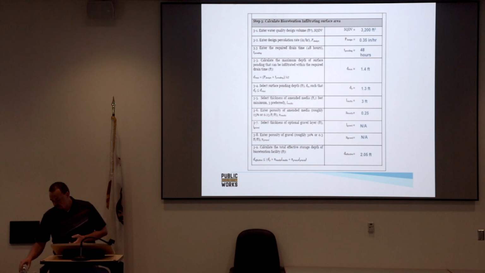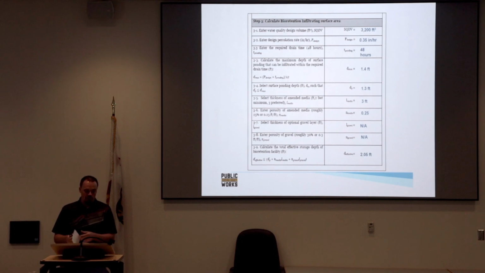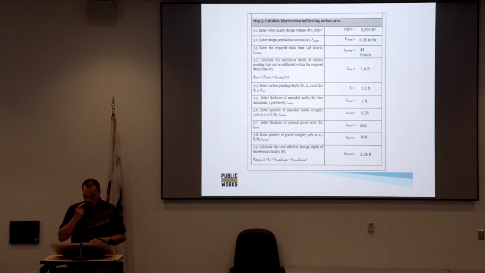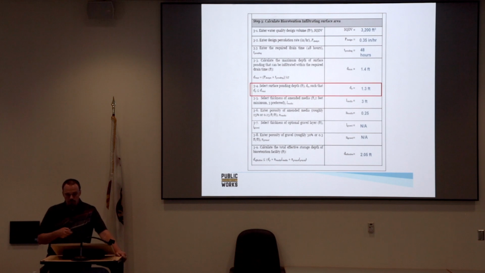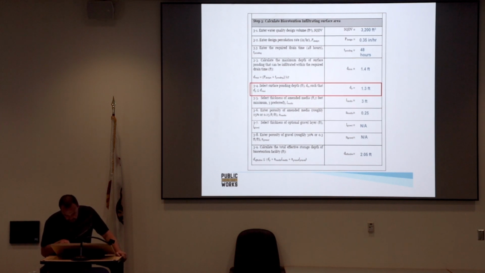Moving on, there's a bunch of different things that then get calculated, basically all based on that drawdown time. What is the depth of your surface ponding that you're going to allow?